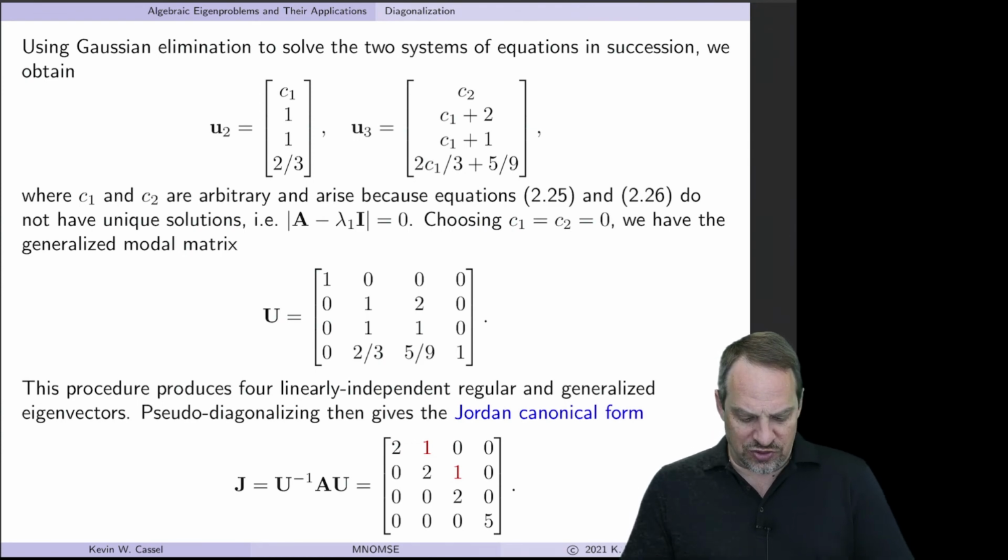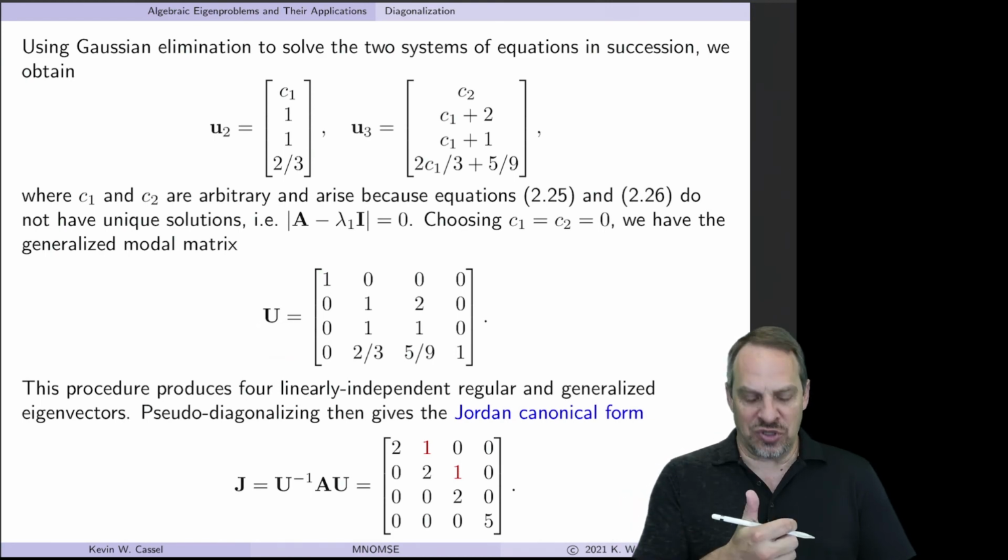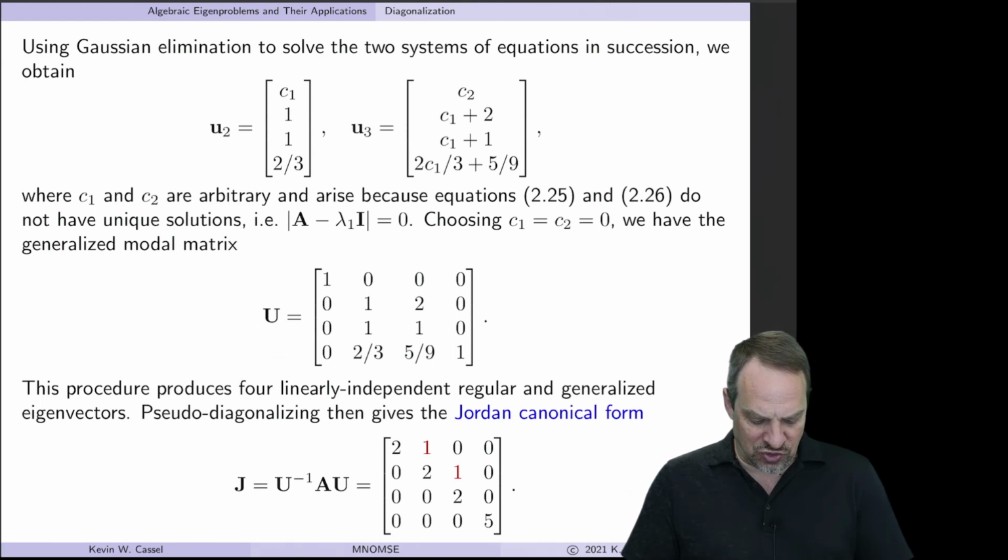So now, to get the Jordan canonical form, I actually have to invert this 4x4 matrix. Again, use MATLAB or Mathematica for that. Get the inverse of U, multiply times A times U, and then you will get your Jordan canonical form. So you see the 2, 2, 2, 5, the eigenvalues down the diagonal. The 2 is repeated 3 times, and then 5.